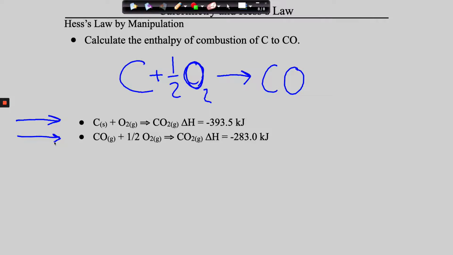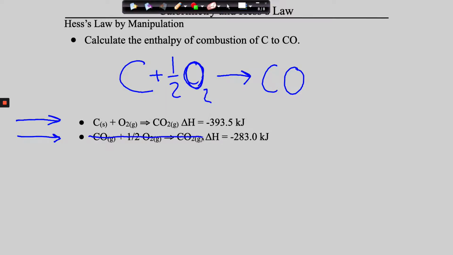Then we go down to number 2, carbon monoxide. Is it the right amount? 1 and 1, but is it on the right side? So what we do is we cross it out, and down below we flip it over.